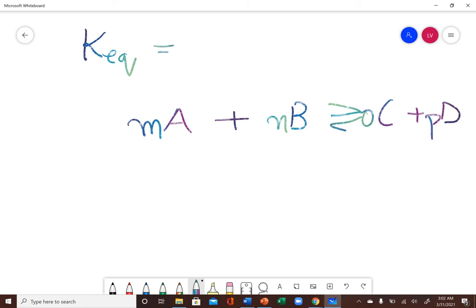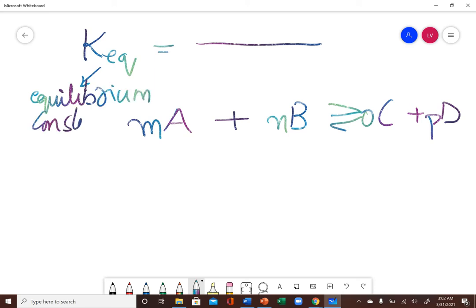So chemical equilibrium can be represented quantitatively. We can come up with a constant. This is called the equilibrium constant. K is a constant because we're talking about chemical equilibria.